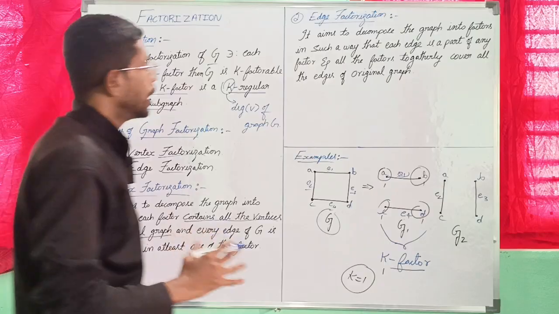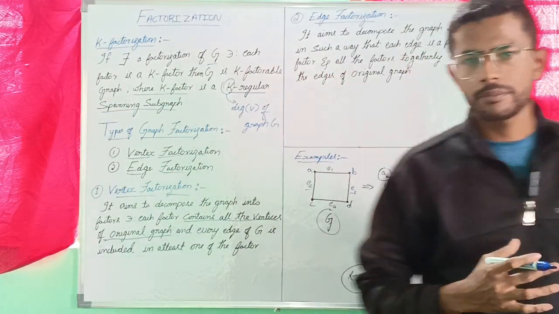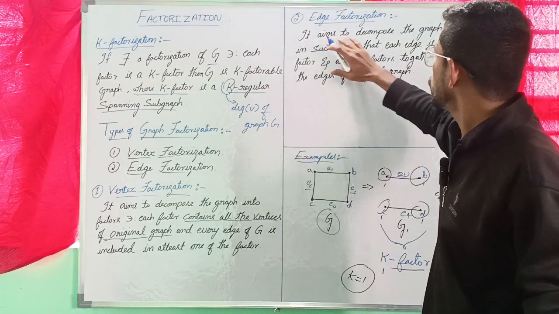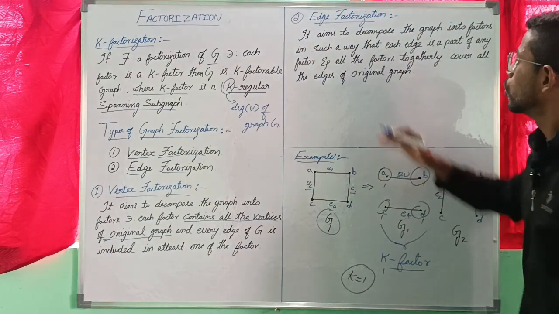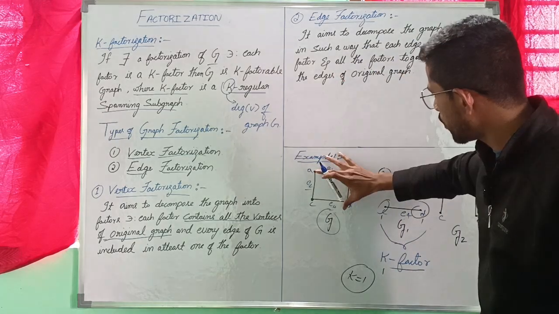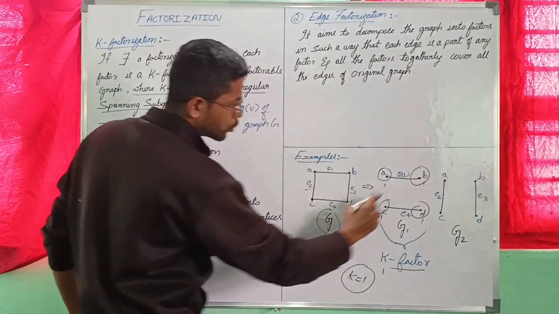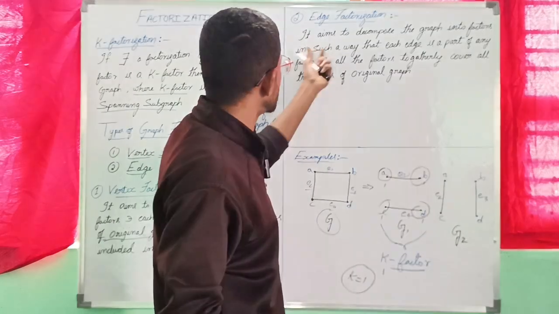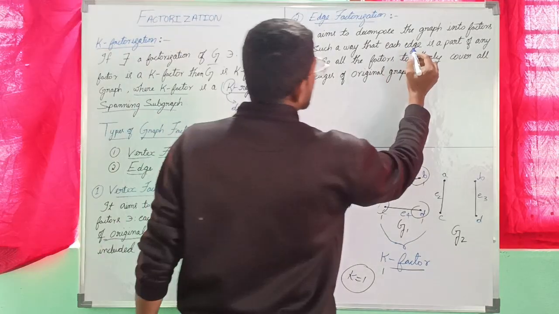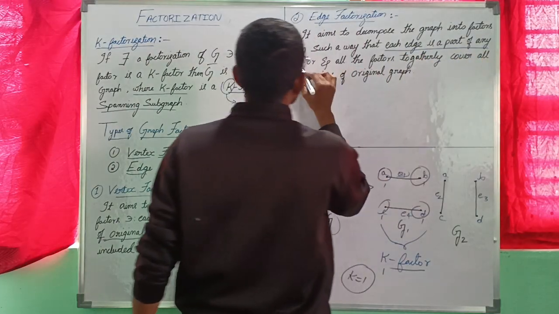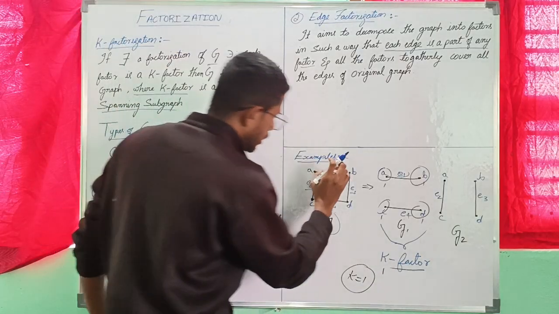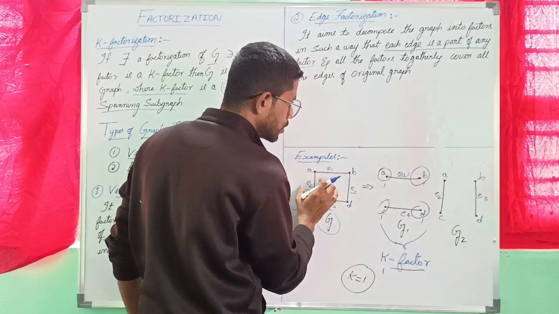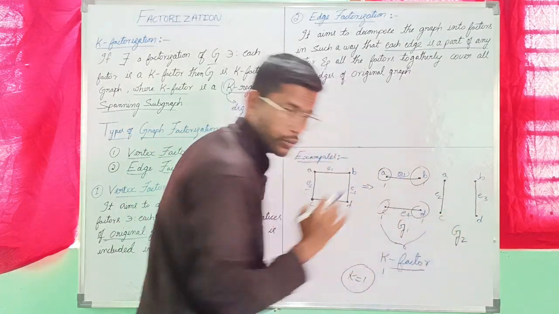Let's move to edge factorization. It aims to decompose the graph G into multiple factors in such a way that each edge is a part of some factor. Here E1 is a part of factor G1 and E2 is a part of factor G2.